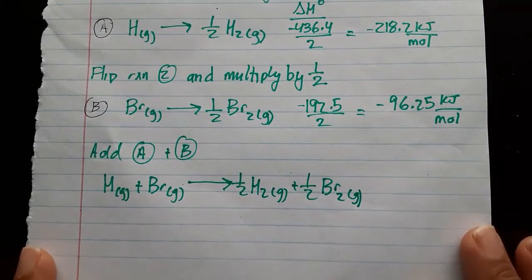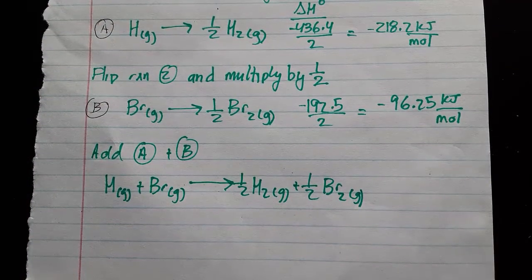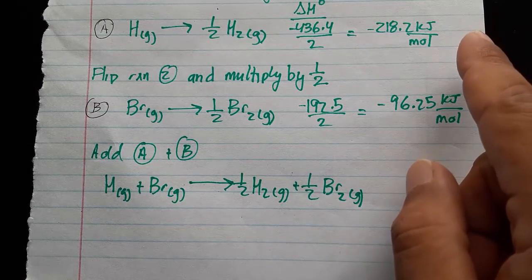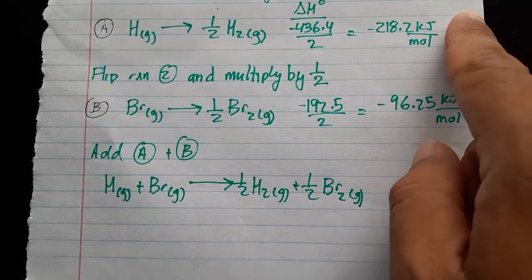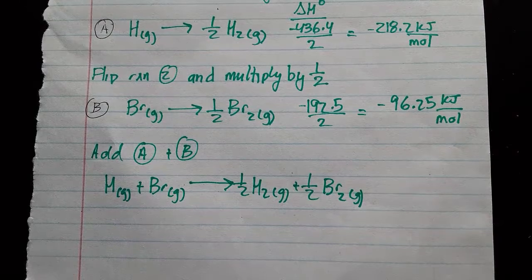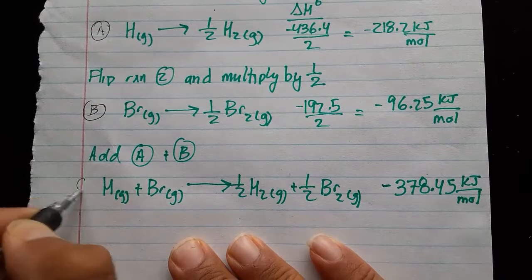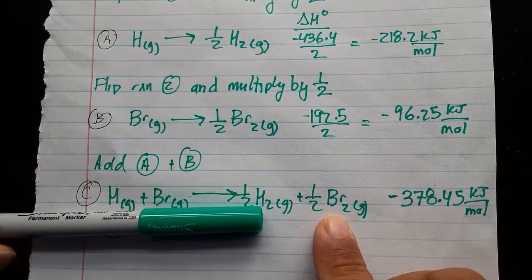Adding minus 218.2 plus minus 96.25 gives us a value of minus 378.45. We're going to call this new reaction that we just generated C.